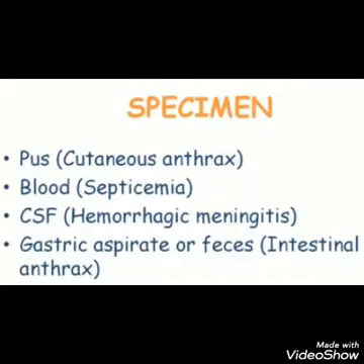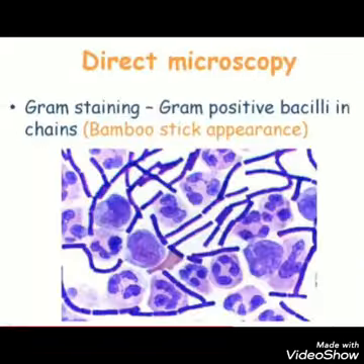Specimens collected are pus if cutaneous anthrax, blood if septicemia, CSF if hemorrhagic meningitis, and gastric aspirate or fecal sample in case of intestinal anthrax.